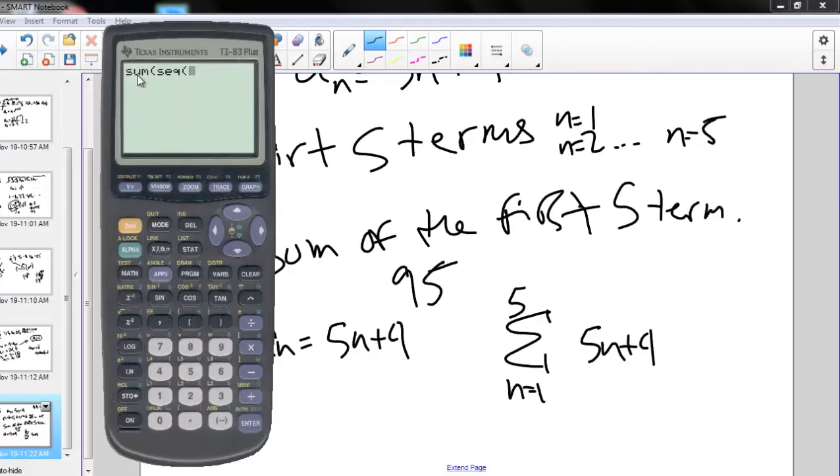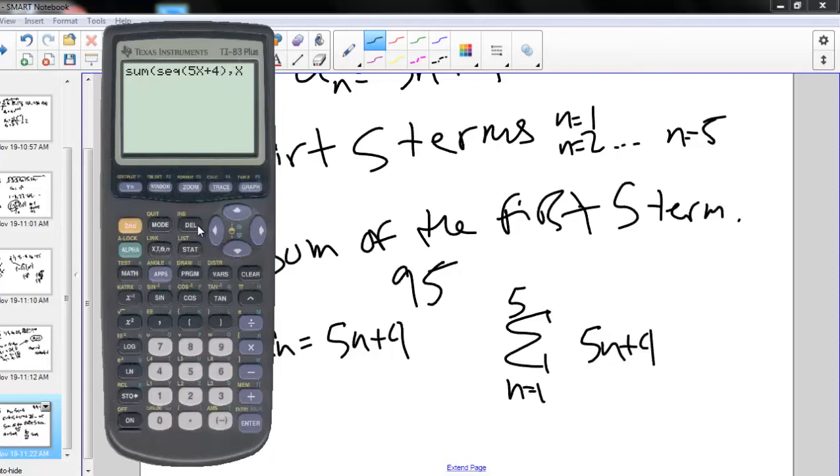So it's the sum of a sequence of numbers. The sequence is 5x plus 4. I'm taking x as the variable.